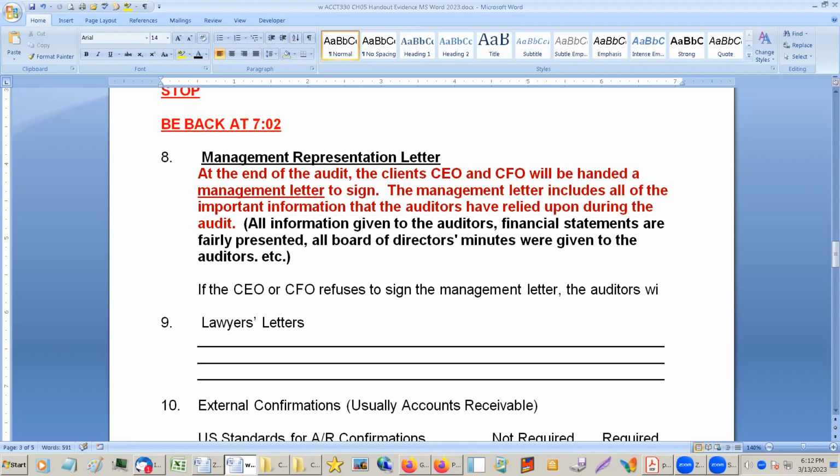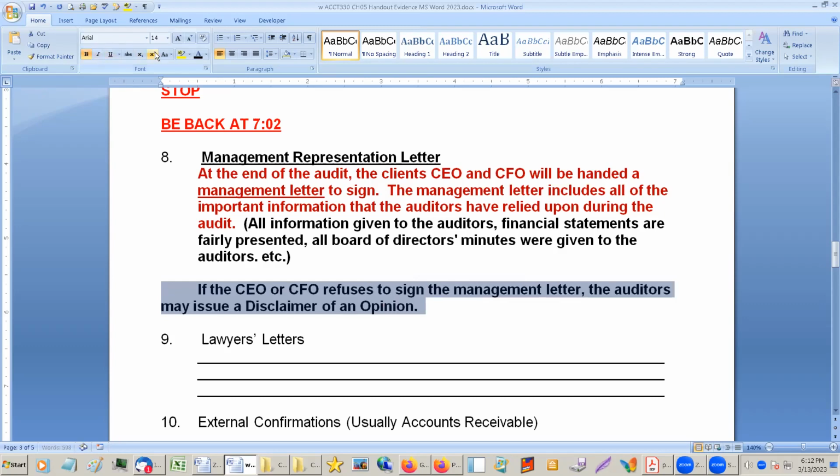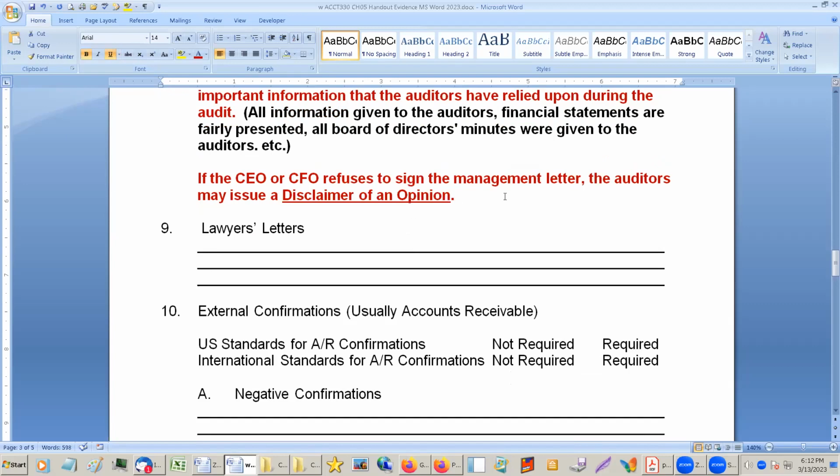I should say may. They may, unless there's some reason they can come up with as to why they're not signing it. But generally speaking, it's a big deal. It's definitely a scope limitation if they refuse to sign it.